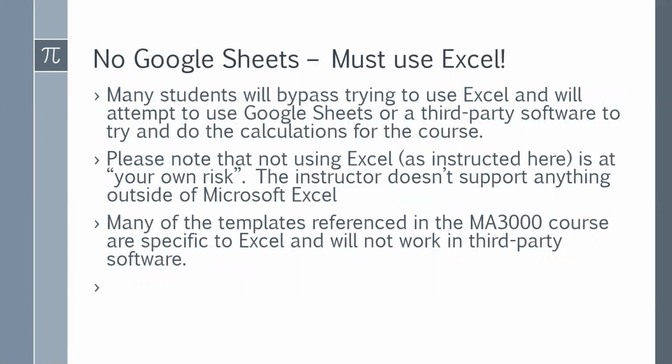As a result, you will need to have Microsoft Excel loaded onto your PC, especially in the MA 3000 or Business Stat course. If you're utilizing something outside of Excel, it's at your own risk. You can't come back a week after assignments due saying, hey, I couldn't get the calculations to work. I'm going to say that you have to use Microsoft Excel.